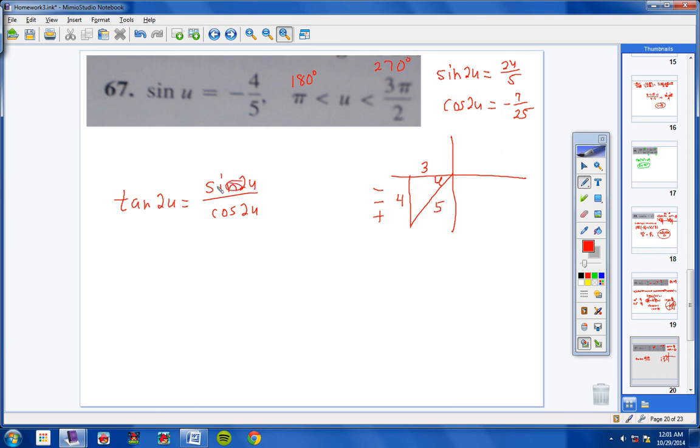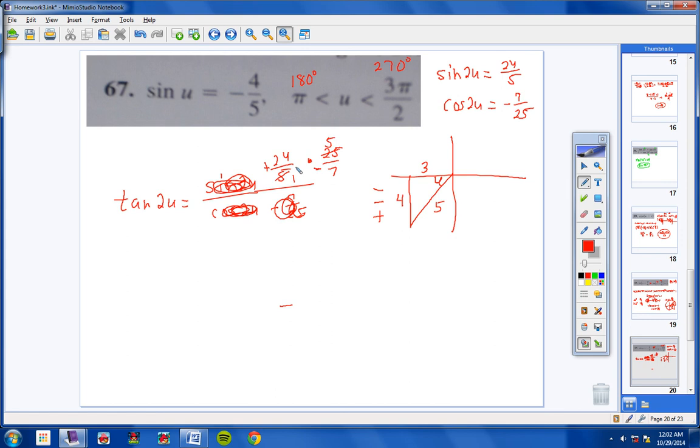And cosine of 2u, we know what that is, negative 7/25. So we take this and flip it and multiply it times the top. A positive times a negative would be negative. 5 cancels into 25 5 times.